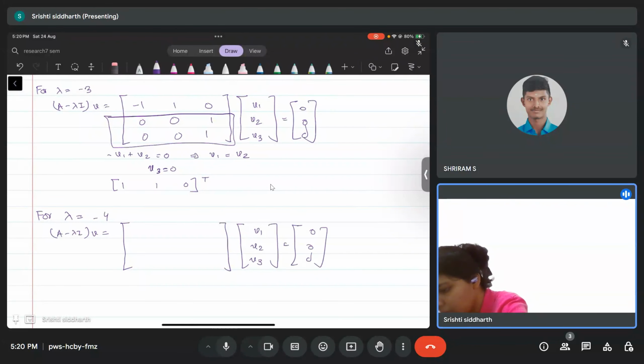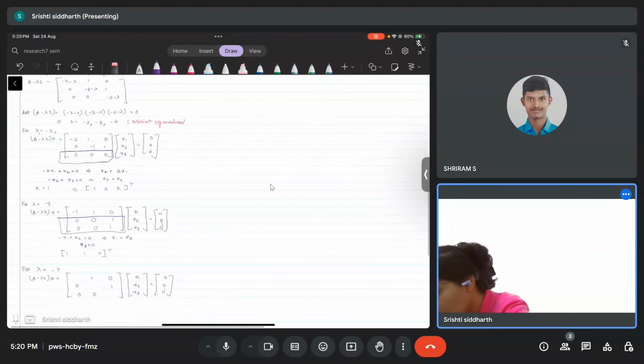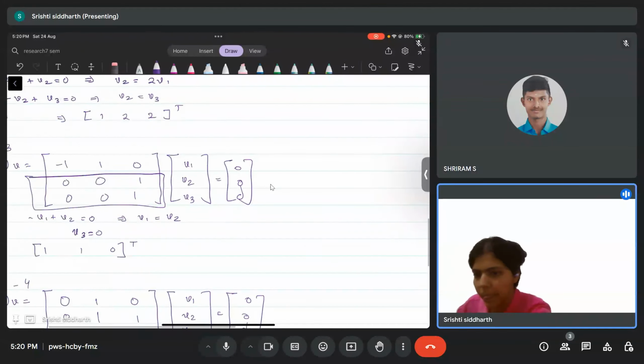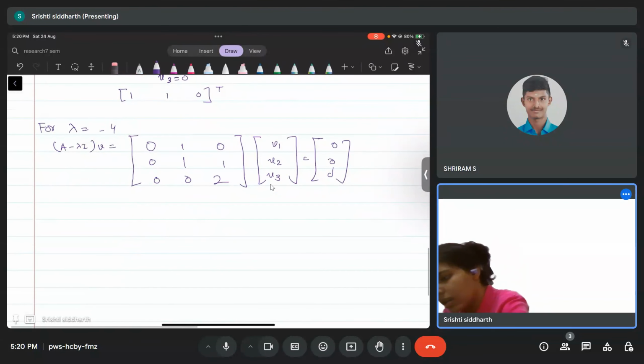Again, the off-diagonal elements. Let's compute the eigenvector values. This is 0, this is 1, and this is 2. So the first equation is simply V2 equals 0.